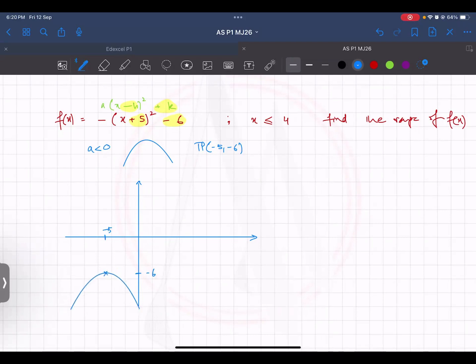And you try to find the value at the boundary. Boundary is minus 4. So f(minus 4) is equal to (minus 4 plus 5) whole square minus 6. So this would become 1 square minus 6 and minus 7.